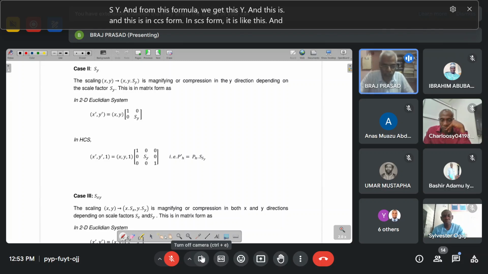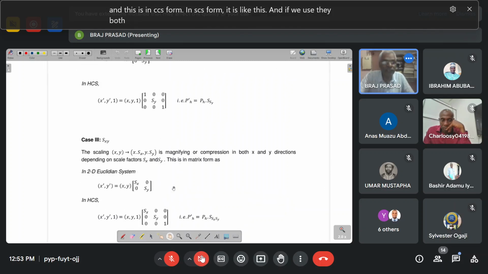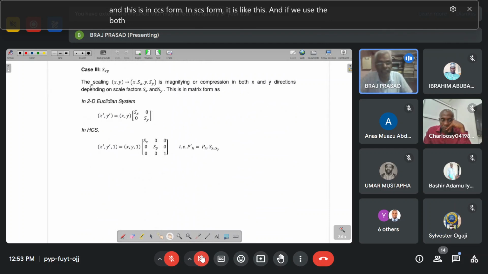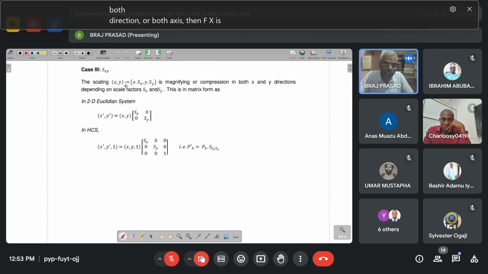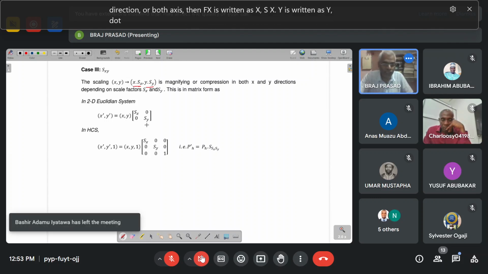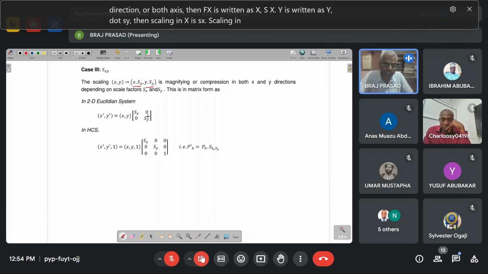And if we use both directions or both axes, then x is written as x dot sx, y is written as y dot sy. Then scaling in x is sx, scaling in y is sy, and it is in 2D. In SCS form, we add one row and column, and the diagonal must be non-zero.